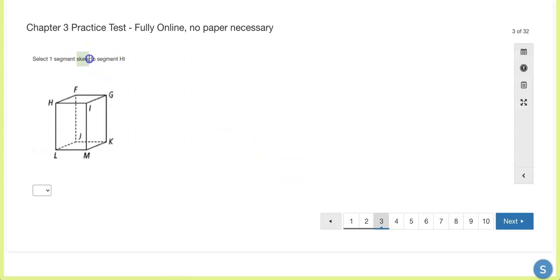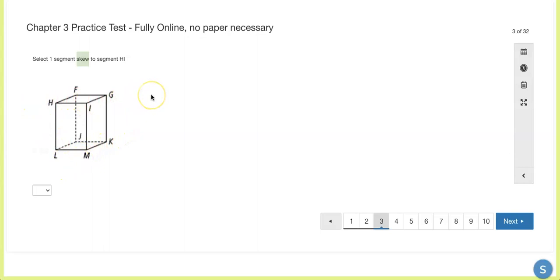Skew, so something that's skew to segment HI. Okay, we're on this segment again. Skew means that it's not moving the same direction, but they still don't run into each other. So this one's moving left to right. Something like KM is moving kind of front to back. KM would go right underneath HI.